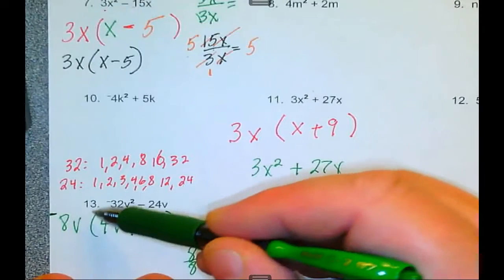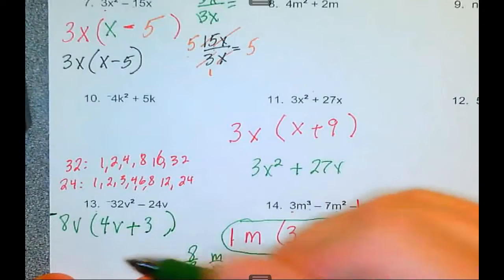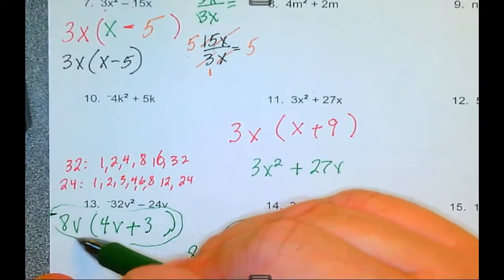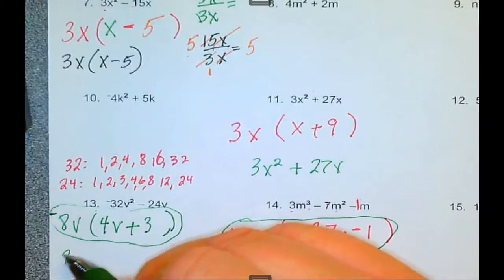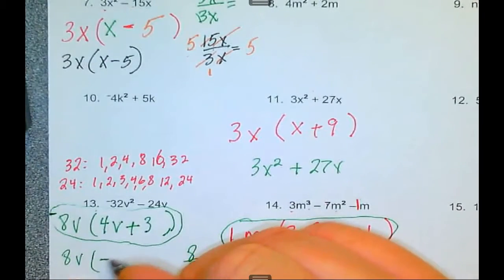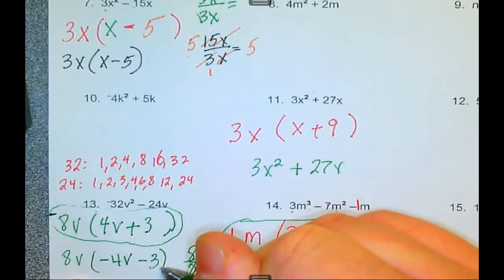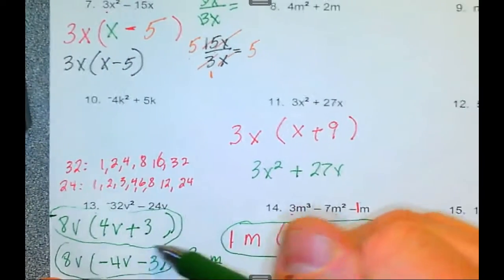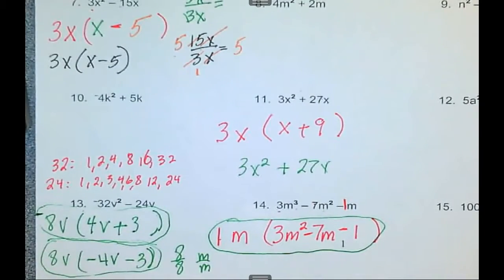Negative 8v times the quantity, 4v plus 3. Now, if you didn't take the negative sign out, you would have 8v times negative 4v minus 3. You could have left the minus sign in. At this point, either one. But eventually, you're going to have to take the negative sign out.